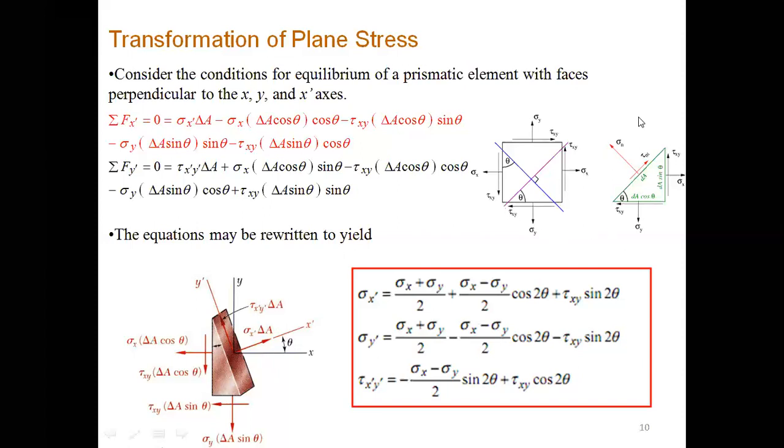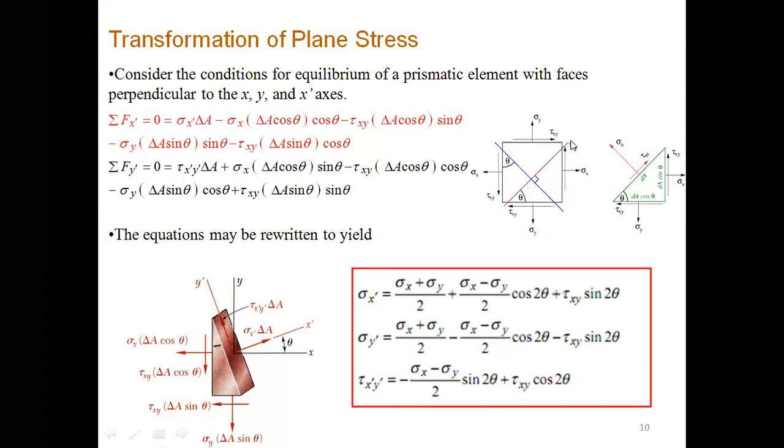You have to resolve all these forces along x prime and y prime, and then apply the condition of equilibrium. Afterward, you would get an equation for sigma y prime and the same equation for tau x prime y prime. So you have to also do this practice by yourself.